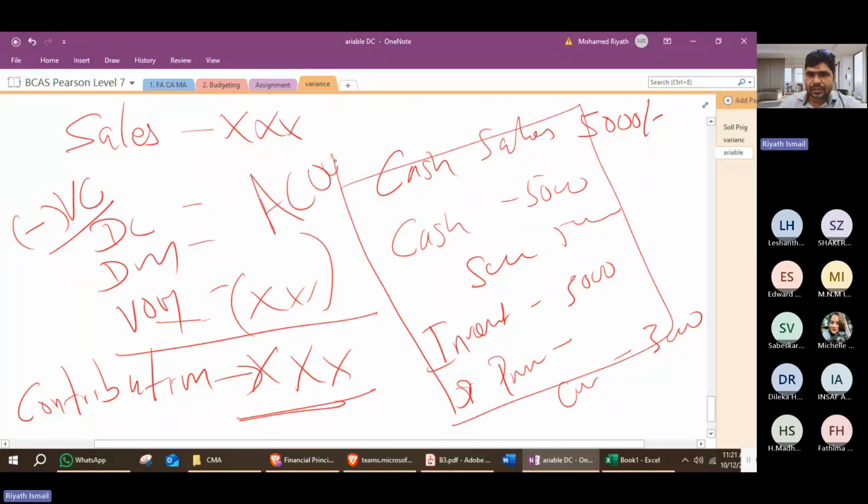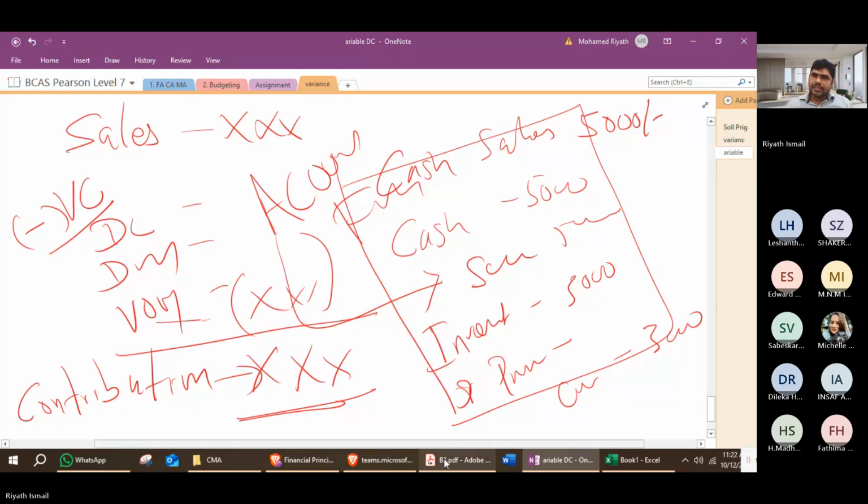This is financial accounting. But how are they going to integrate cost accounting, for example the variances, into this double entry system?